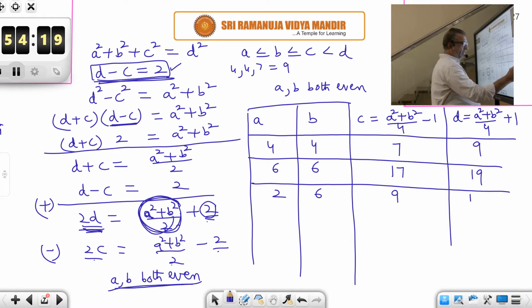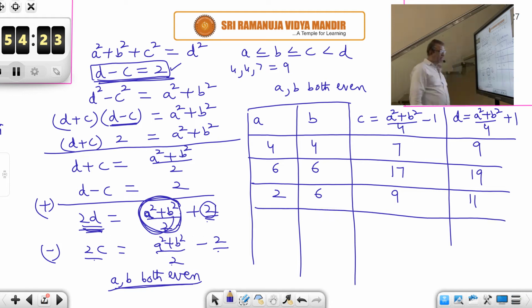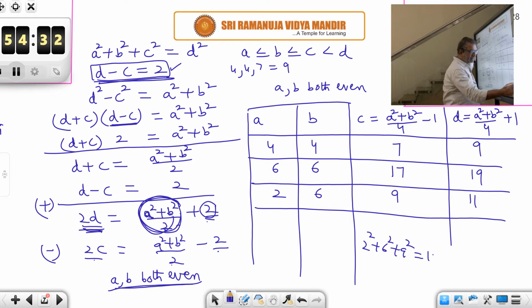The difference is 2, the next number is 11. 2, 6, 9 is equal to 11. 2 square plus 6 square plus 9 square is equal to 11 square. So like this both even you can take, and sometimes you may get common factors. Here of course there are no common factors.